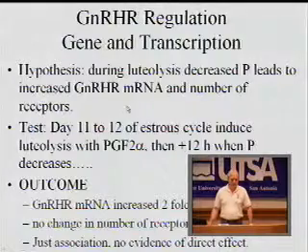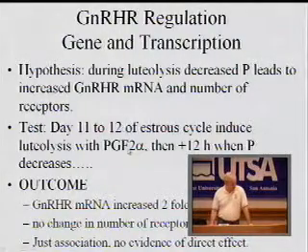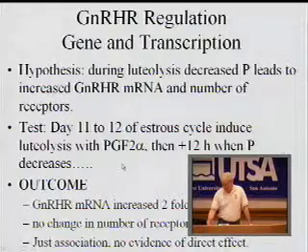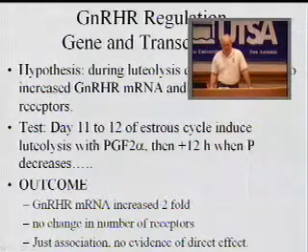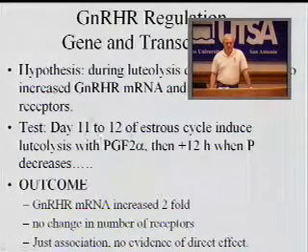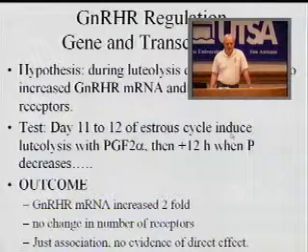So this was the prediction at the time of the article from which I've extracted this information, very likely in the late 1990s. So the test was that on day 11 or 12 of the estrous cycle, they would induce luteolysis with PGF2 alpha.